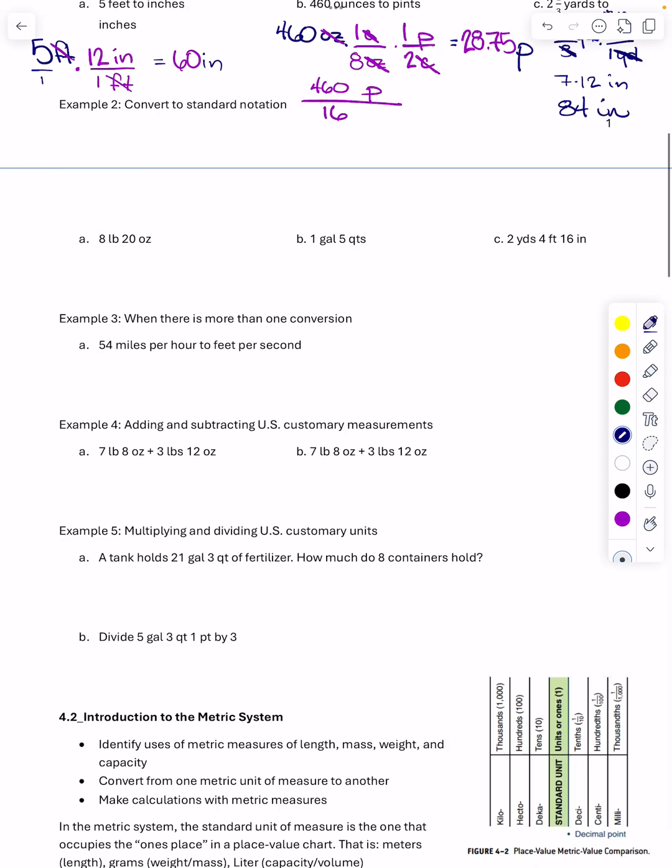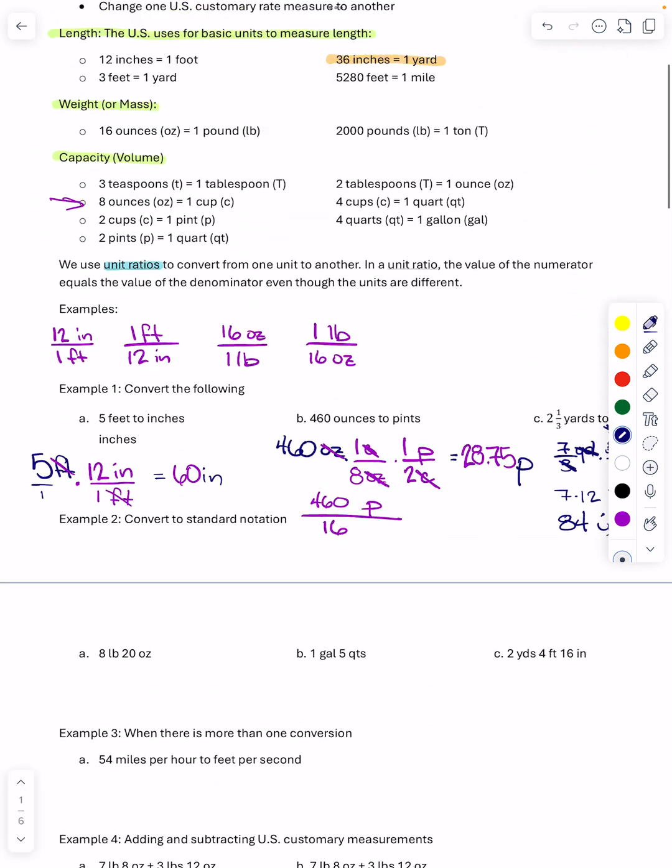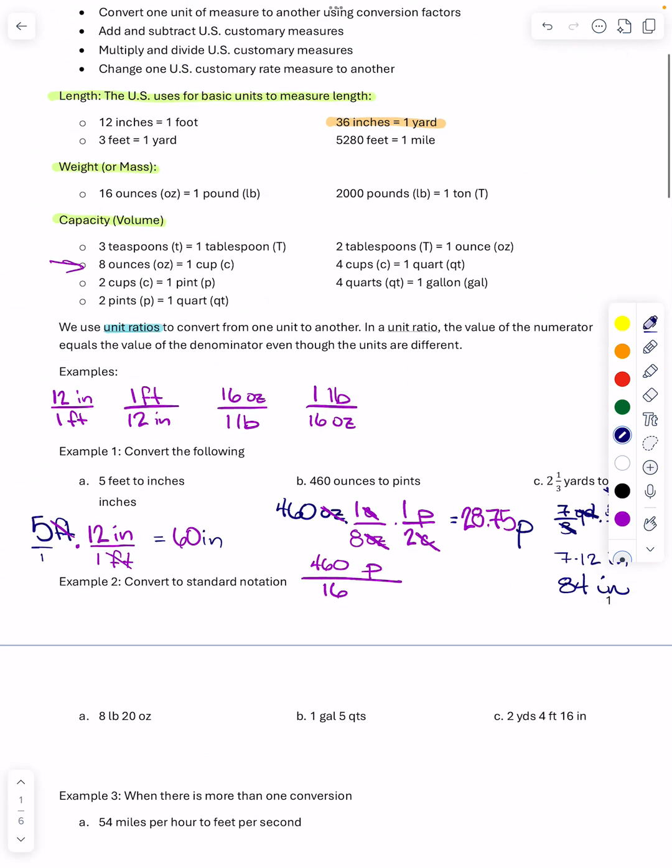Example 2 says to convert to standard notation. Now, standard notation just means we don't have more units than we need to make something larger. So let me explain. A says 8 pounds, 20 ounces. If we come back up here, we see that 16 ounces is 1 pound.